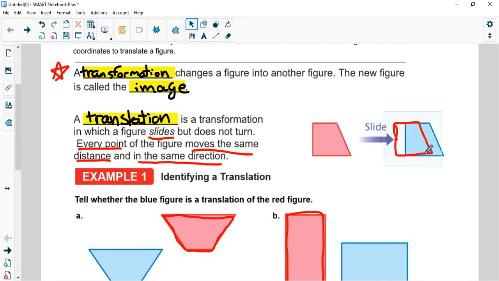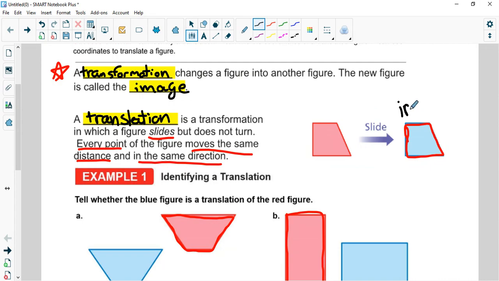And that's the idea of a translation. I am just taking the shape and sliding it over to its new location. Remember, the new shape is called the image of the figure. And to add to this, the first one, the original, is called the pre-image.